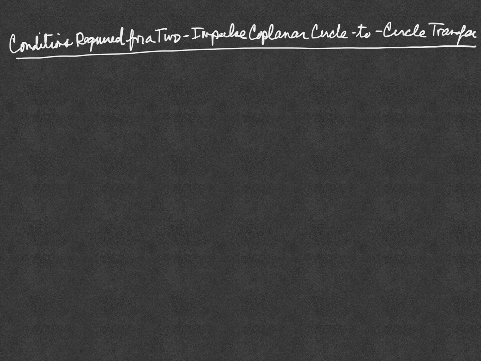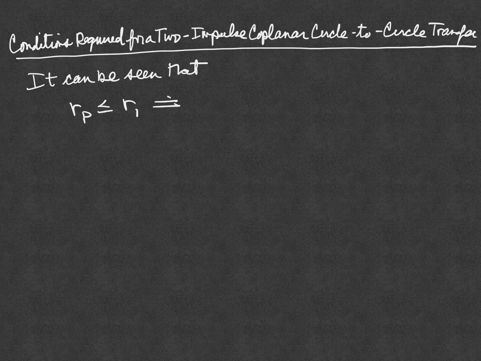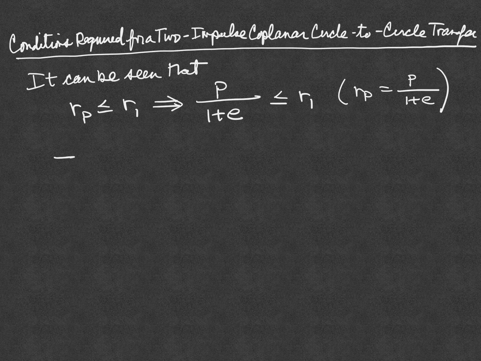So first, it can be seen that the periapsis radius of the elliptic transfer orbit has to be less than or equal to r1. So that implies that p over 1 plus e has to be less than or equal to r1, because rp is equal to p over 1 plus e. So that implies that p has to be less than or equal to 1 plus e times r1. So that's the first condition.